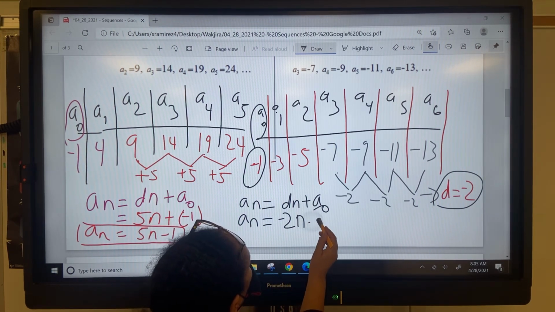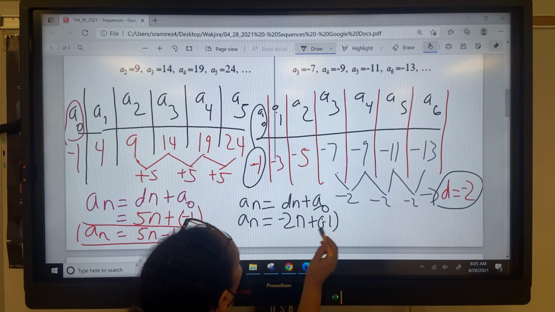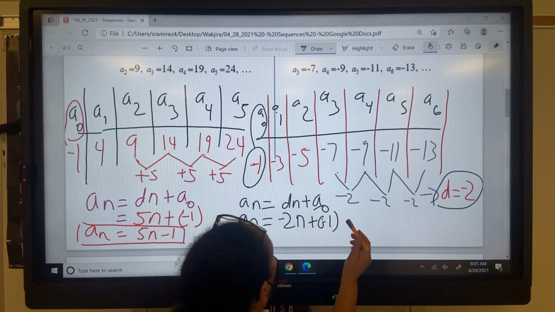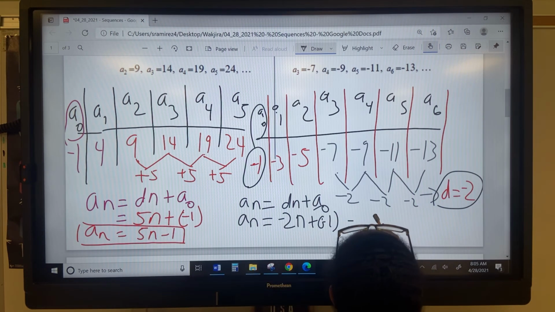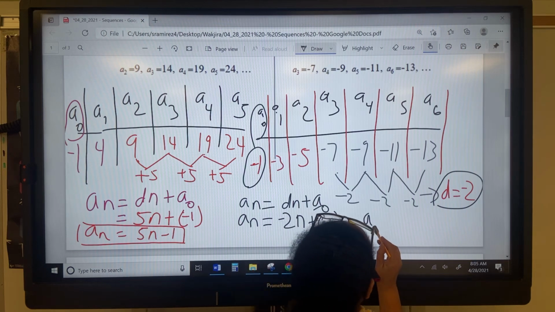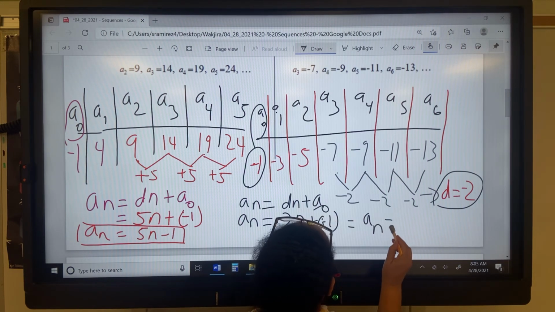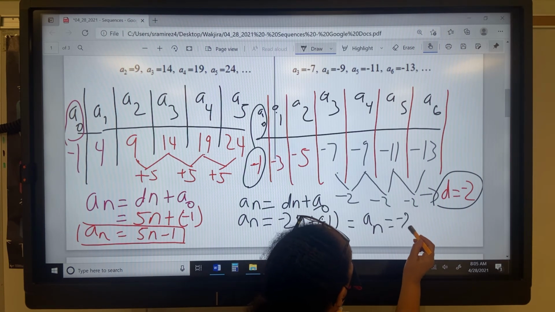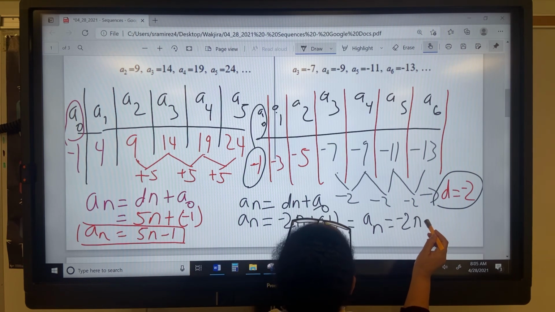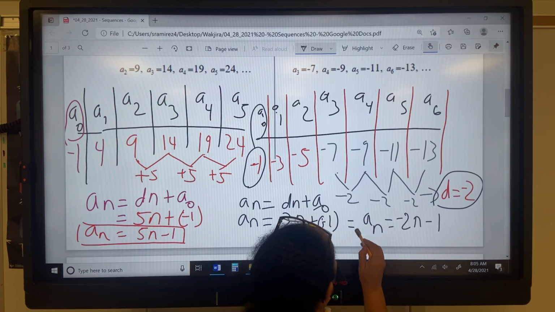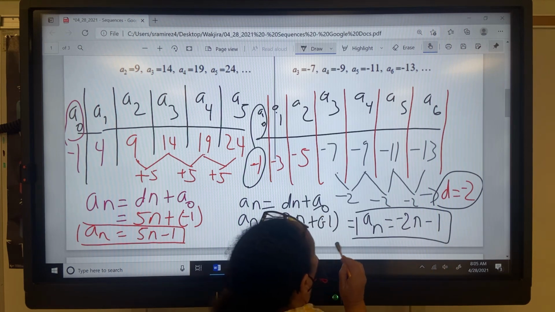As I told you before, a plus or minus 1 will become 1. So our answer will be A sub n equals minus 2n minus 1. This will be our formula that we get.